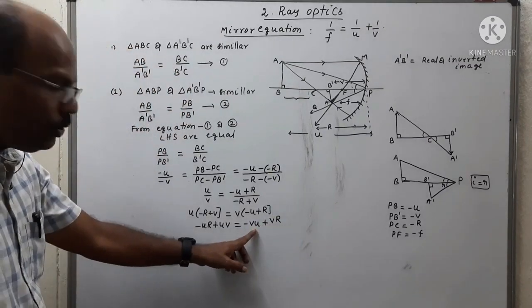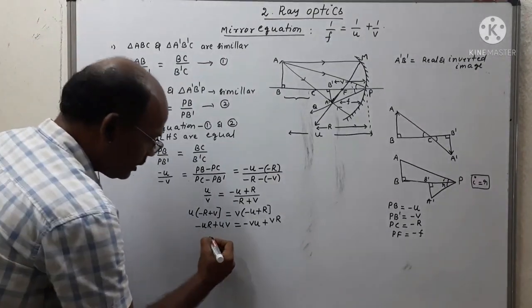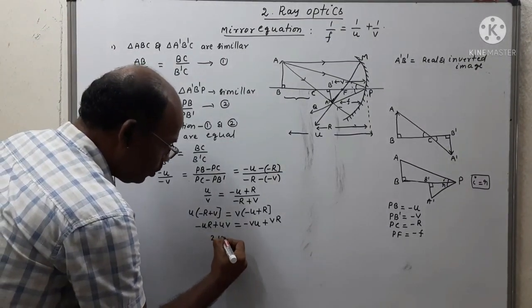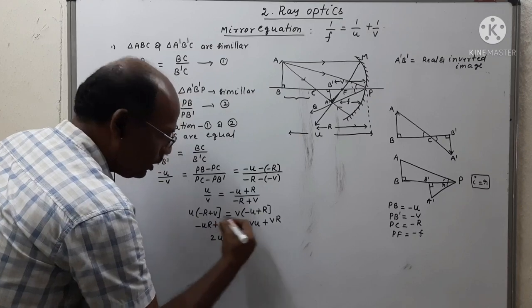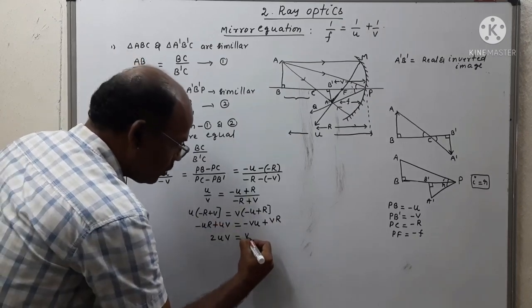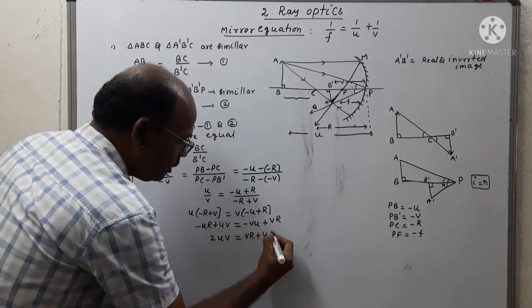So minus VU is taken to LHS. So this becomes 2UV is equal to, this brings towards the right side, VR plus UR.